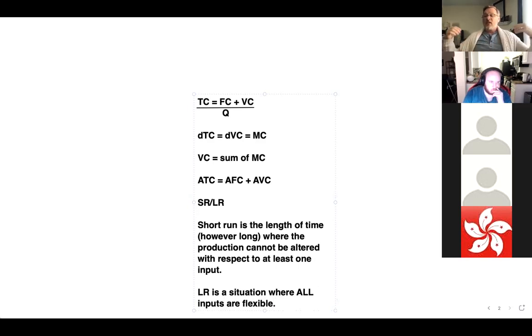So, if it takes me 90 days to sell or buy a new food truck, because I could expand, then if I'm talking about something longer than 90 days, I have flexibility. I could add a couple extra food trucks. I could get rid of one, but all my inputs I can shape however I want. So the long run is that kind of situation.